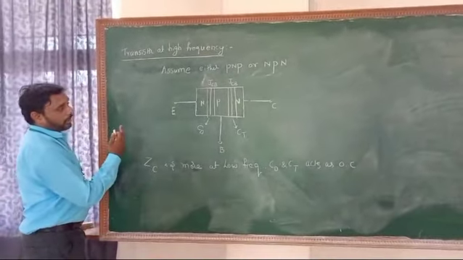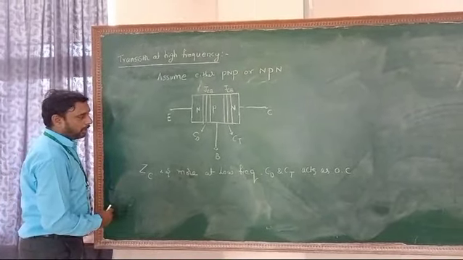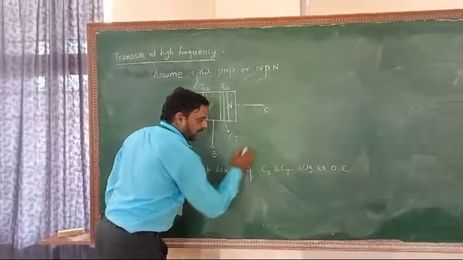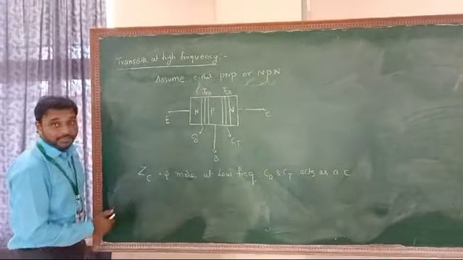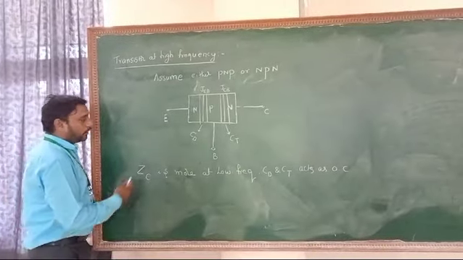Earlier we have already discussed this h-parameter model. In the h-parameter model, these diffusion and transition capacitances do not exist. Already we have discussed in earlier classes.